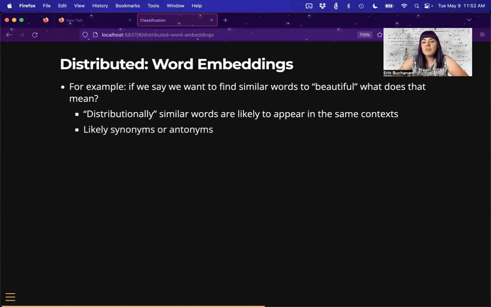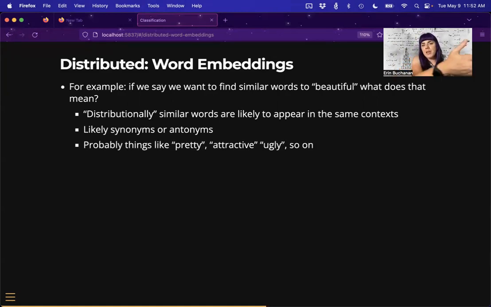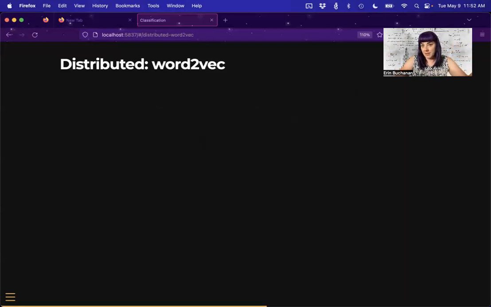These are things that are synonyms or antonyms, because antonyms actually have the same context. So we're probably saying things like pretty, attractive, and ugly is an antonym, and so on. But that's just something I know because of my background knowledge on the semantics of this word. How would I do that in a word system?